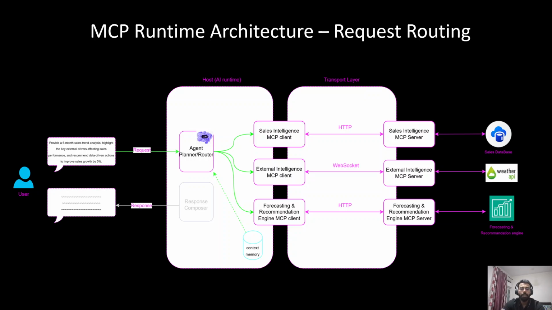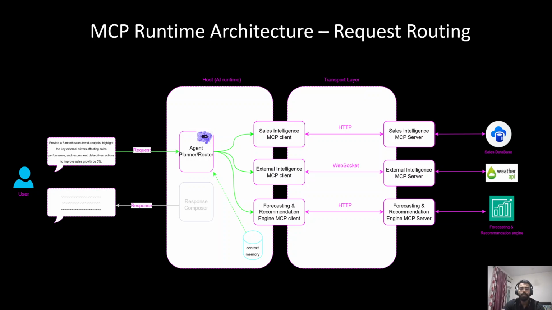In our example, the agent planner identifies three distinct tasks from the query. Number one, extract sales trend data from the sales tables. Number two, fetch weather data using external APIs. And number three, invoke a forecasting and recommendation engine.